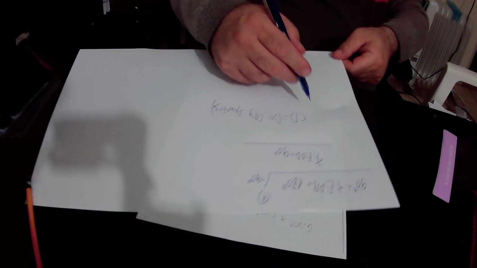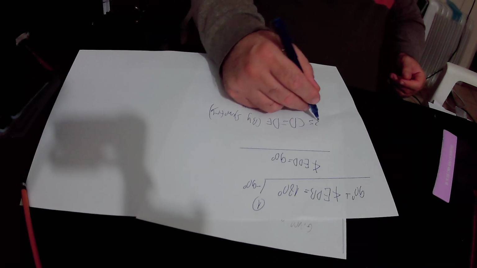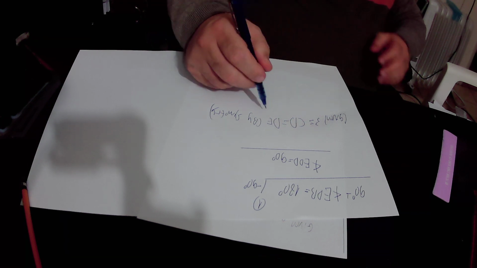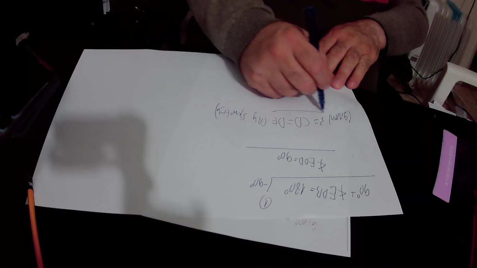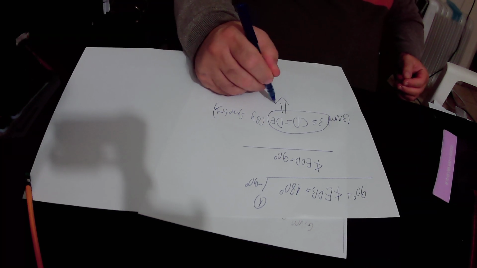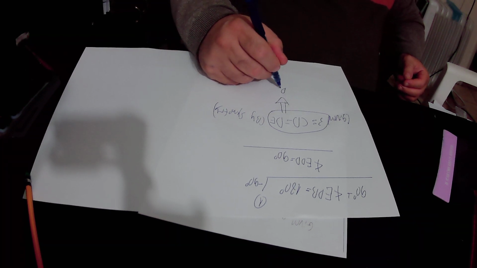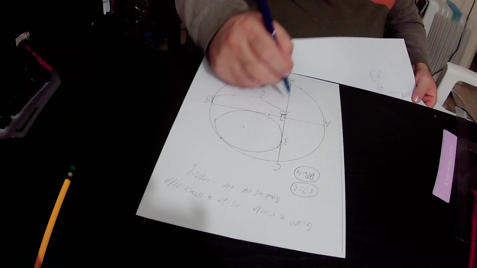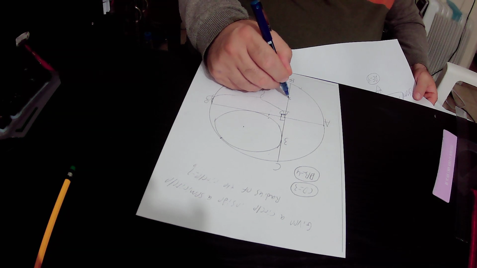So from this equation, DE equals CD equals 3, we derive that DE is also equal to 3 units.